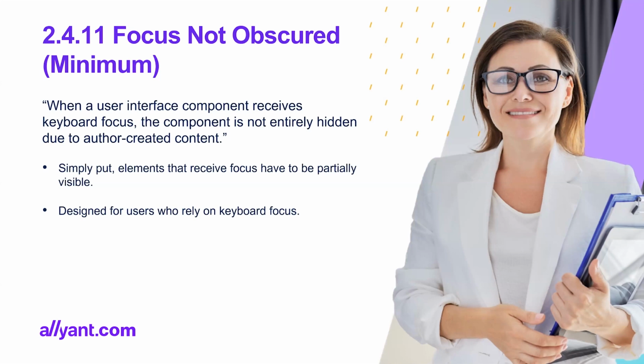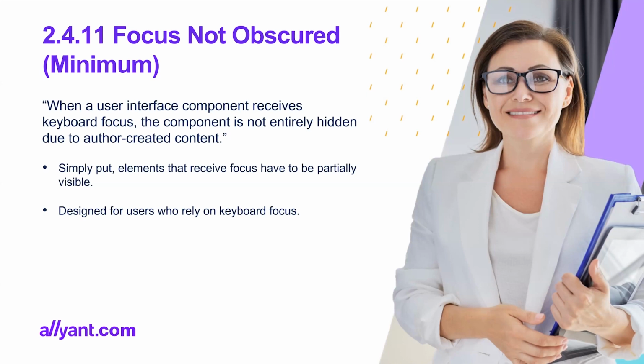On the other hand, if the control was completely covered over, that would be a violation at the level A, level AA level. So at the AAA level, the entire control must be visible. That whole submit button has to be visible in order to be AAA conformant.